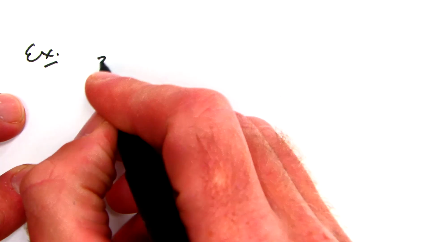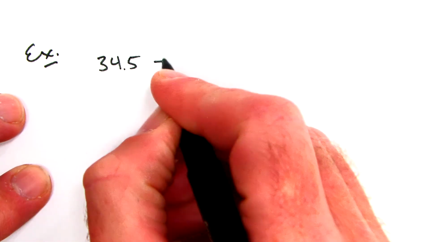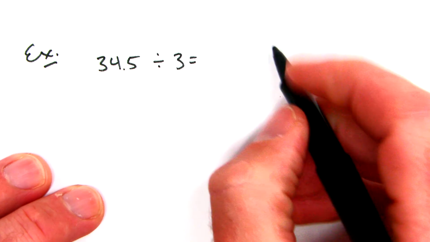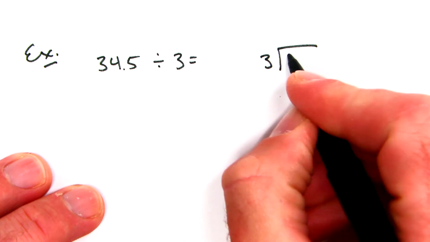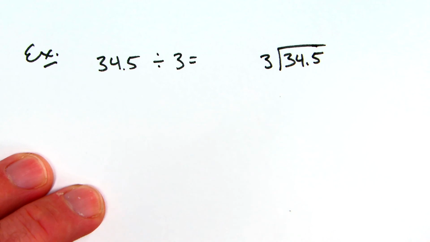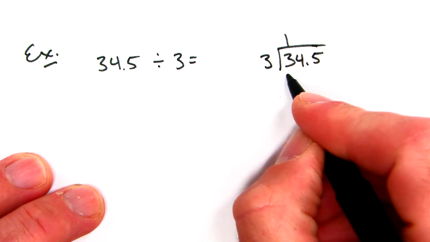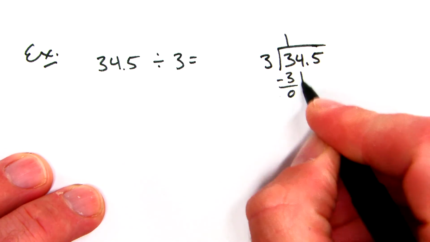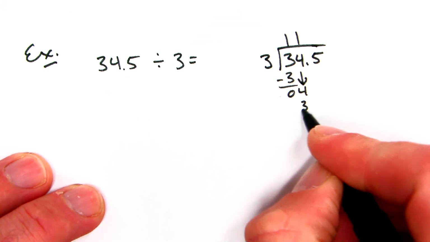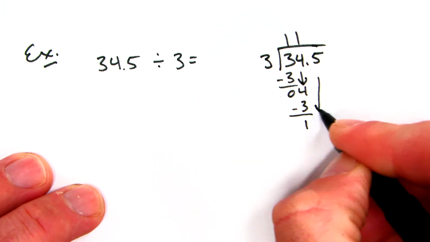If we have 34 and 5/10 and we want to divide that by a factor of 3, first thing we do is we're going to set it up in a bracket. Now we just straight up solve. 3 goes into 3 once, which is 3, difference of 0, bring down our 4. 3 goes into 4 one time, which is 3, difference of 1, bring down our 5.